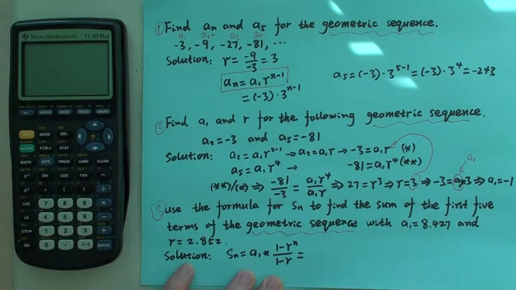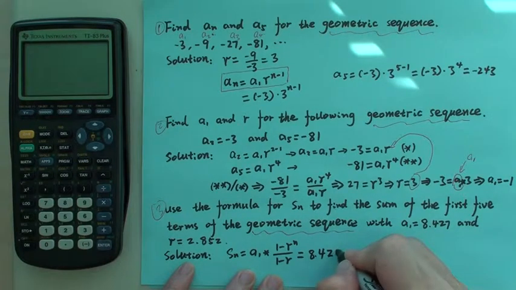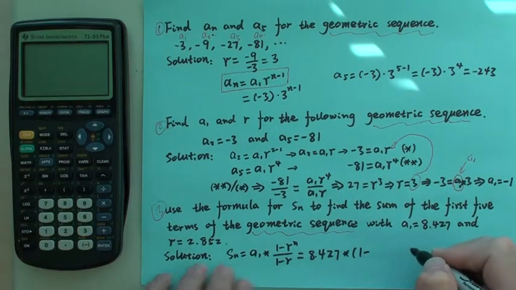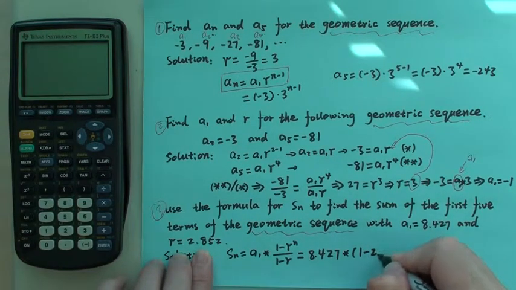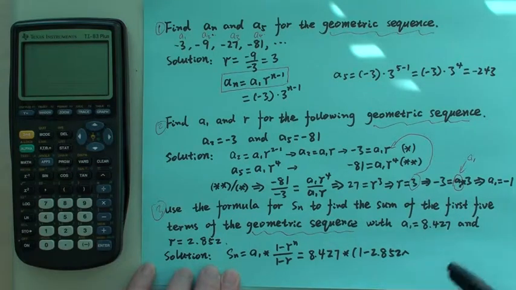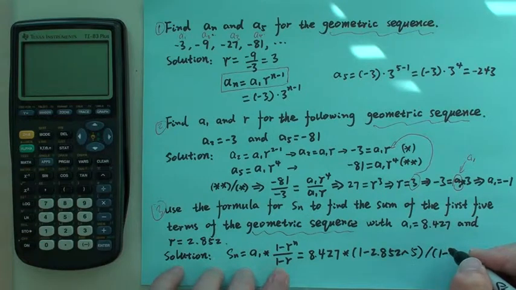And we have a 1, which is 8.427, times 1 minus r, which is 2.852, to the fifth, since n is 5, and then divided by 1 minus r.